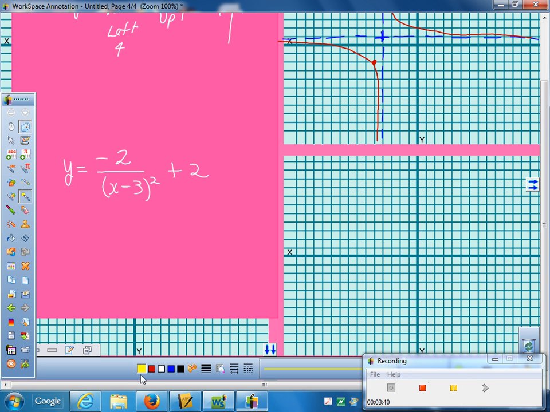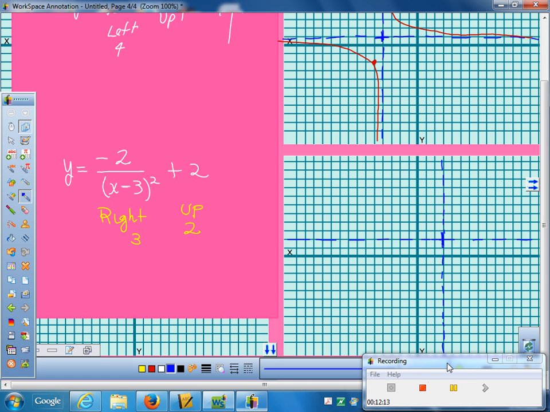So where does it shift? This is the same side. When it's inside, it's opposite sign, so it's right 3, up 2. Draw what immediately? Asymptotes. And then, this time it's got a negative on it.